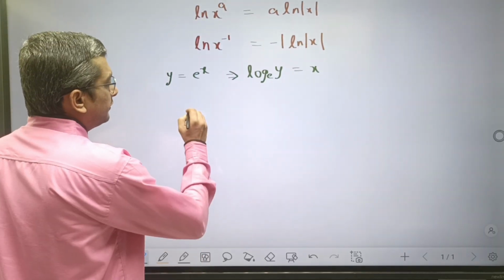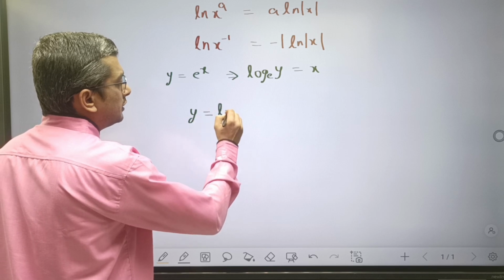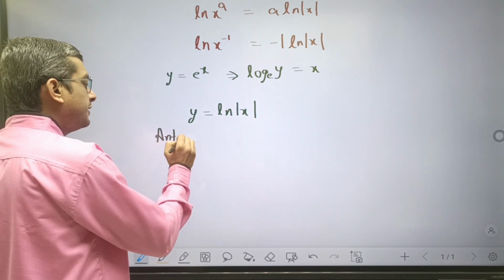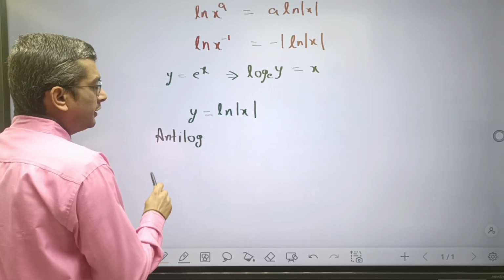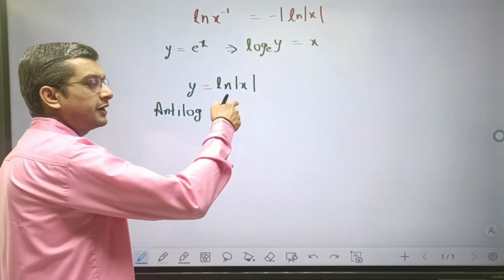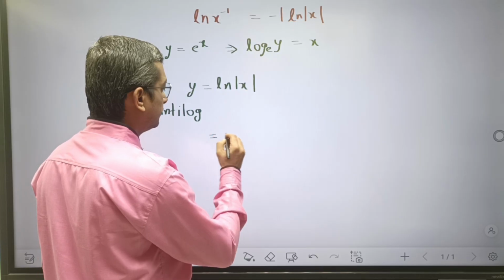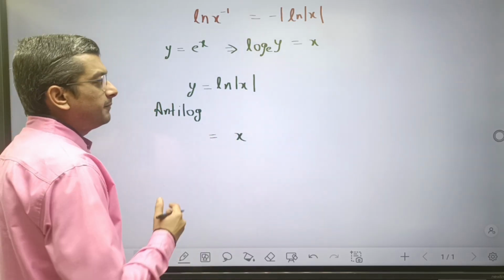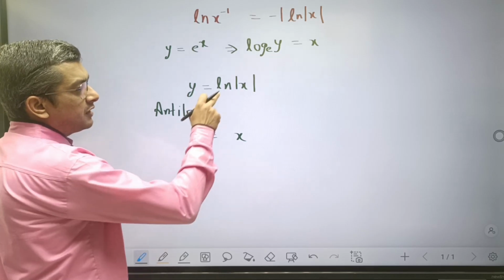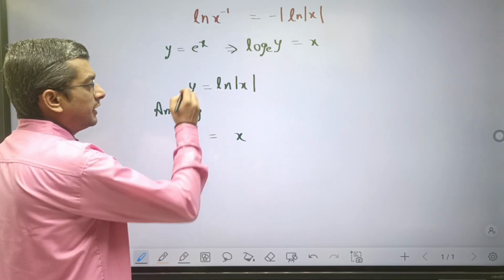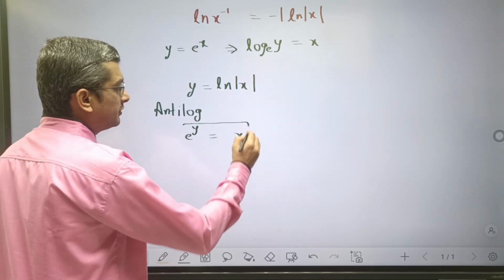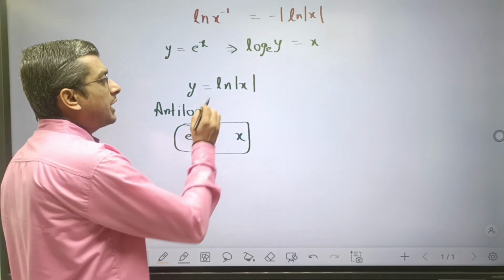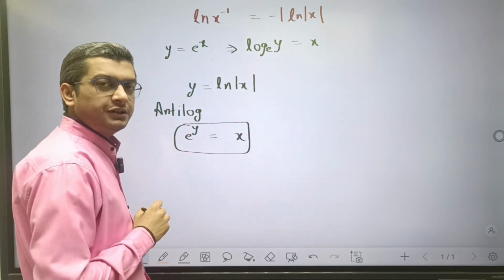Suppose I write y is equal to ln x, and we are taking anti-log. What anti-log does is, from the right hand side only x will be left, this log will get removed, and on the left hand side, the base of this log is e and this power is y, so the expression becomes e to the power y is equal to x, because the other side of a logarithm expression is the exponent.